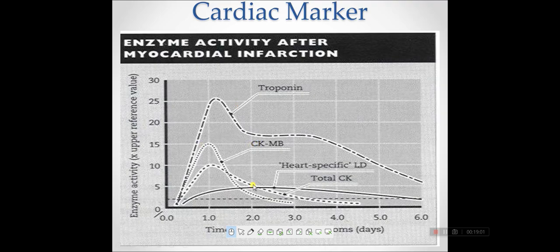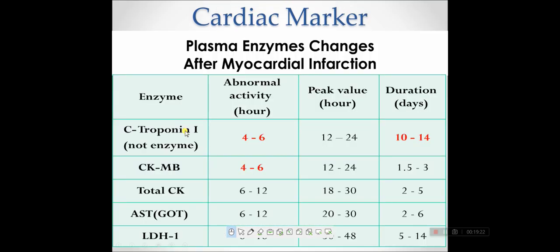Then in the second hour the troponin levels are decreased, the CK-MB levels are decreased, LDH levels are increased, but the CK levels can be seen as elevated. So for the early diagnosis, troponin is the most sensitive test because the troponin activity is highest in the initial hours.